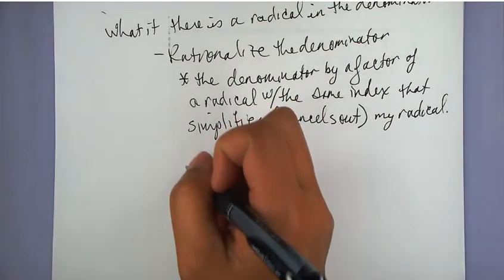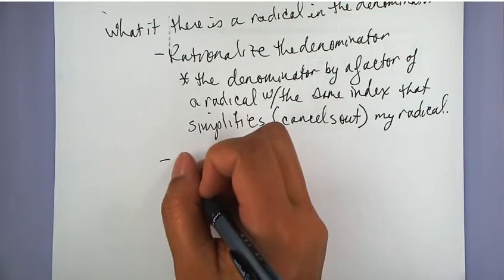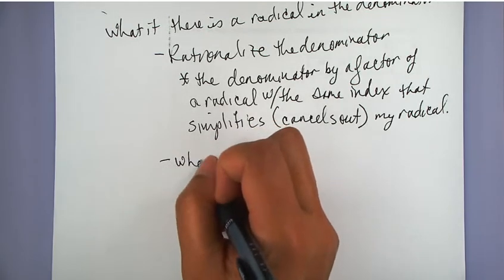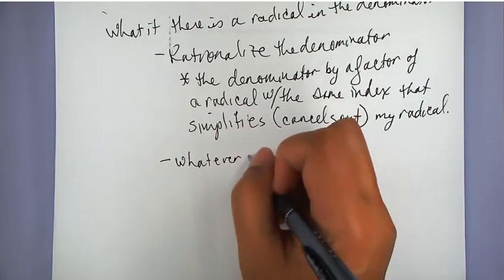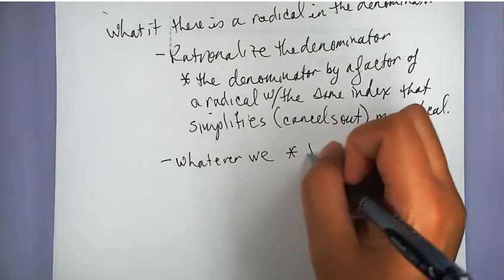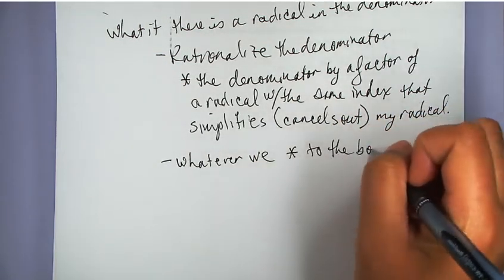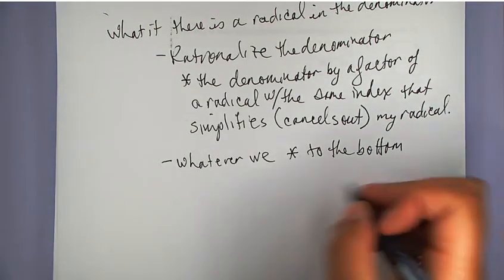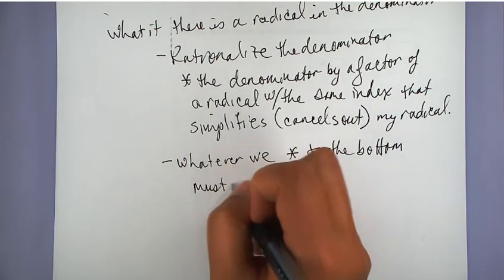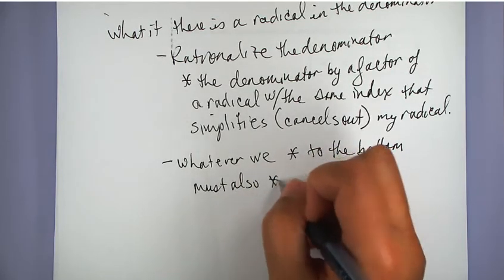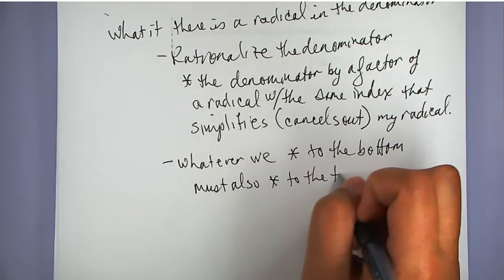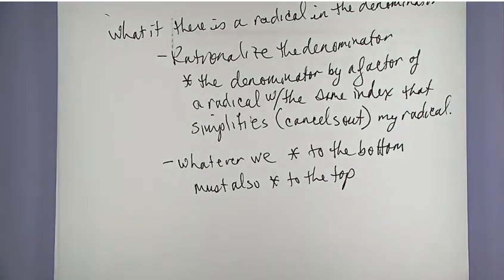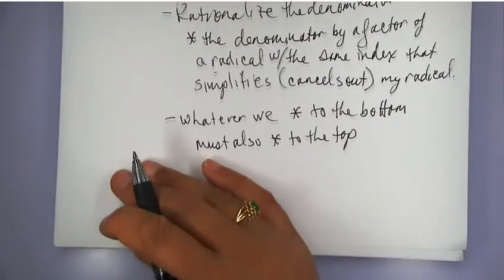Let's do number 58 and see what we're talking about. We end up with the square root of 8 over 7. Well, 8 and 7 don't really go into each other, but if I use my quotient rule, I can rewrite this as square root of 8 over square root of 7. That square root of 7 is not going to get out of the denominator because 7 is prime. But I want to think about what I can multiply square root of 7 by that's going to get rid of my radical.